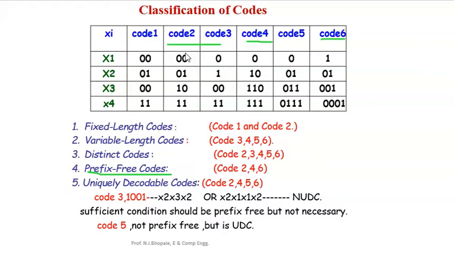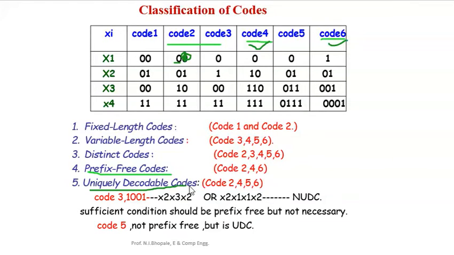Prefix free means when I hide the last bit, the remaining bits should not be the code word of any other message. Okay, this 0 is not appearing anywhere. Similarly, if I apply it to any other case, I will find that no code word is the prefix of any other code. So that is why it is called a prefix free code. The same applies to code 4 as well as code 6.